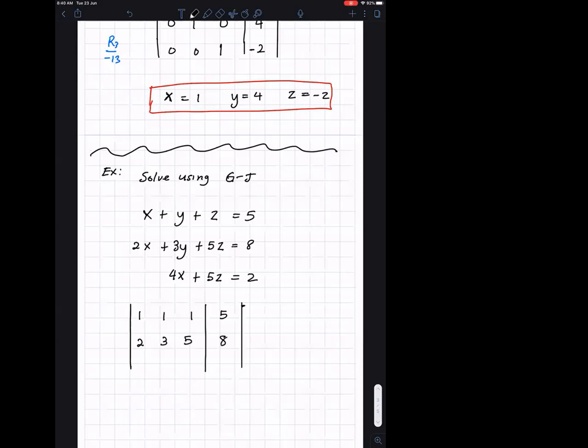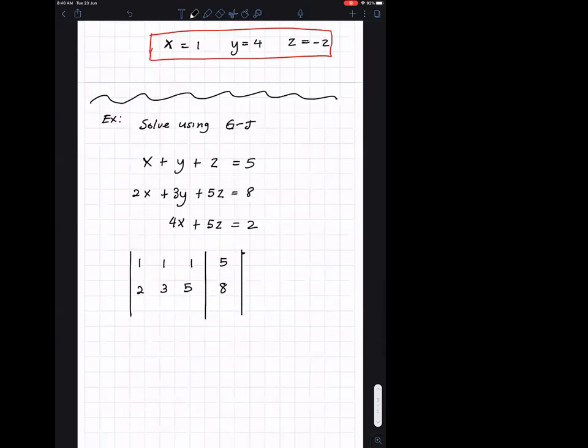The coefficients of the third row, 4, 0y, and 5, coefficient of z, equals 2. So this is the augmented matrix. Then from there you start your row operations.